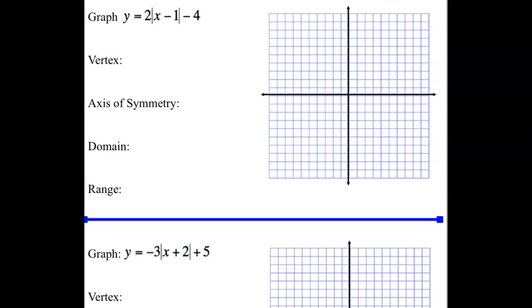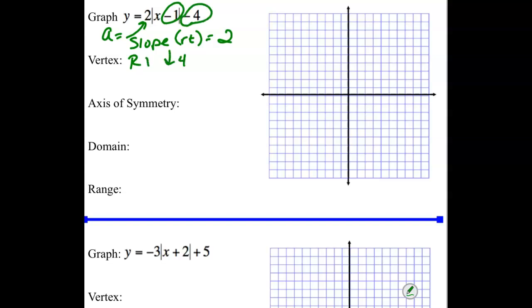All right, let's try our next example. Notice that this one has a value in front. Our a value in this case is 2, which means that the slope on the right side will be 2. My vertex, I have shifted it right 1, and down 4.